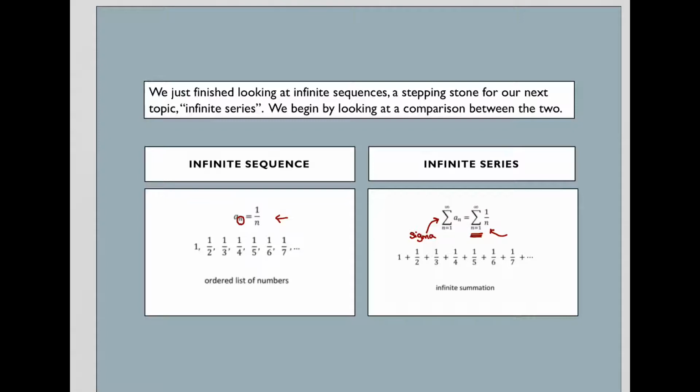So if we were to take the sum from n equals 1 to infinity of 1 over n, we would get the sum 1 plus 1/2 plus 1/3 plus 1/4 plus 1/5, etc. The big difference between a sequence and a series is that a sequence is a list of numbers, whereas a series is an infinite summation.